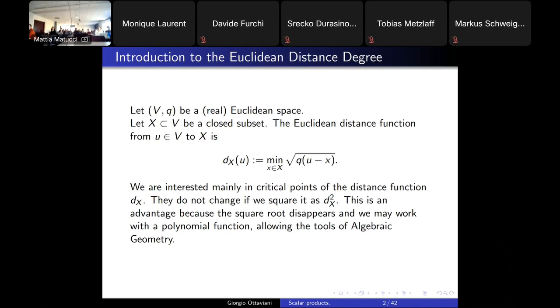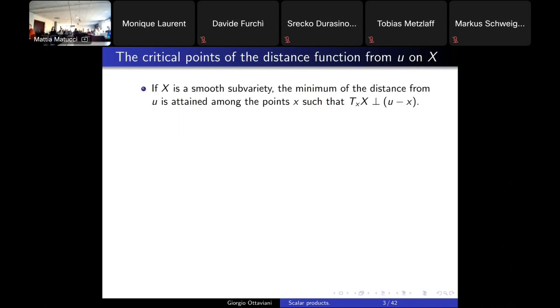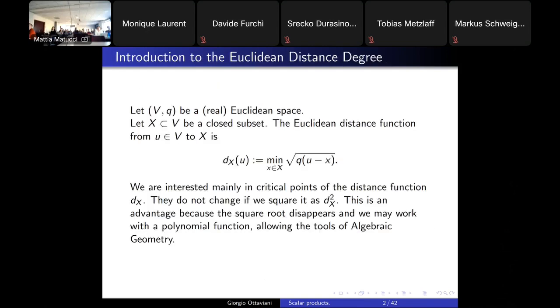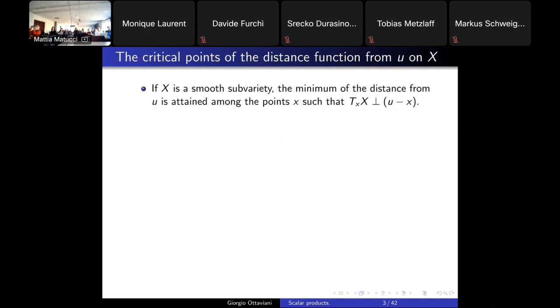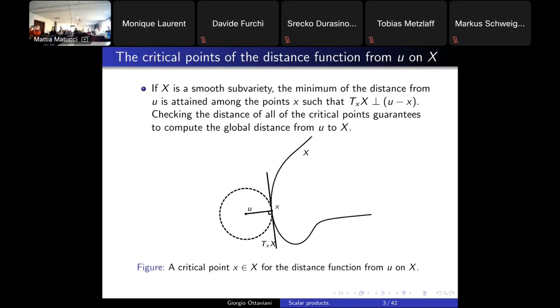And then also here I underline the fact I told yesterday that when I computed the minimum and maximum, I could just remove the square root and it becomes just an algebraic function. So let's do it geometrically. This is the picture. You start from U, you compute the distance from X, and here the minimum is one of the critical points that are attained.